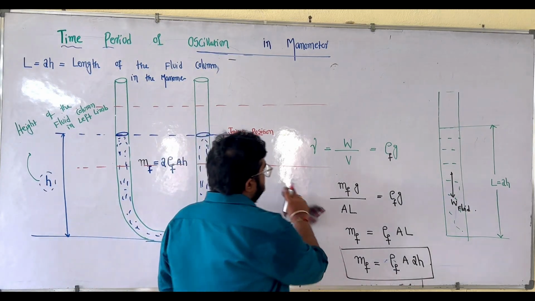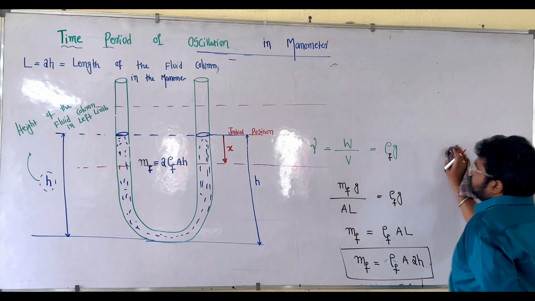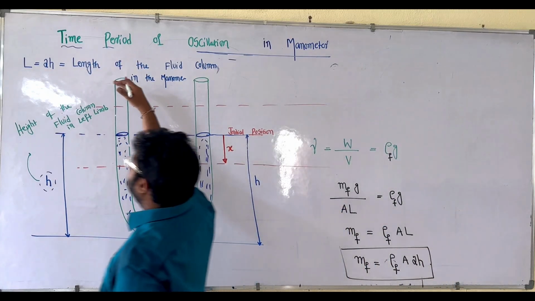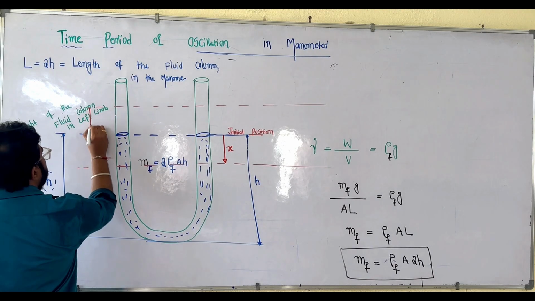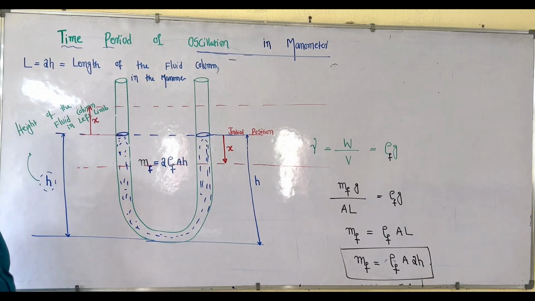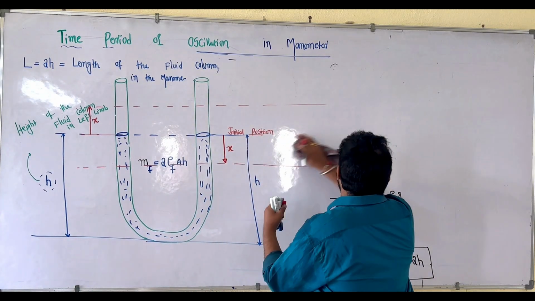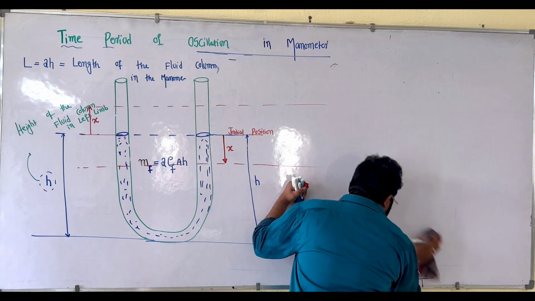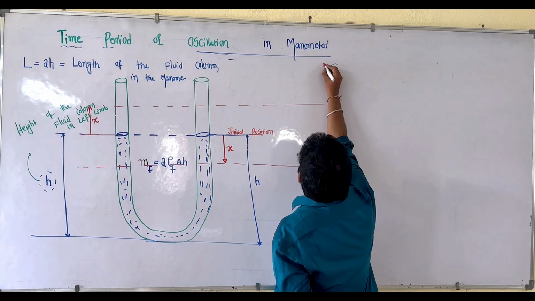Now, if the fluid on one side is coming down by x, then the fluid on the other side will move up. This is the manometer.